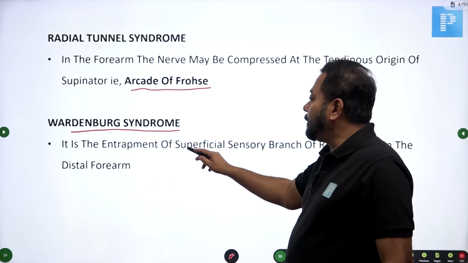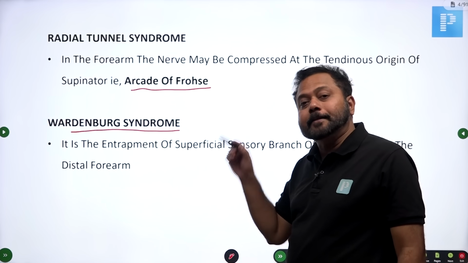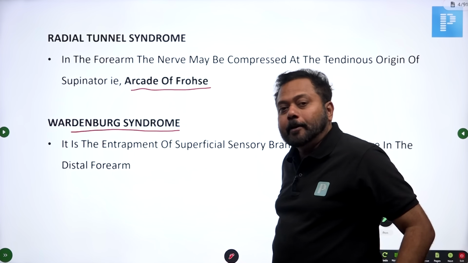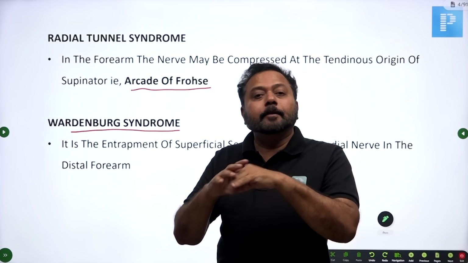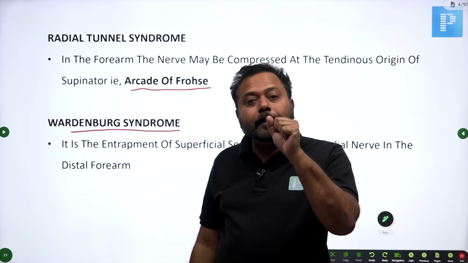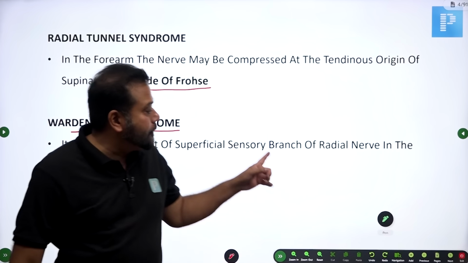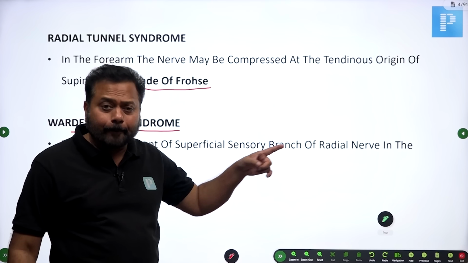It is entrapment of the superficial sensory branch of radial nerve in the distal forearm, that is especially the wrist. In Wartenberg syndrome, they will present only with sensory loss over the dorsum of the hand. They won't have any muscle weakness because only the superficial sensory branch is compressed. Most of the time it is neuropraxia.